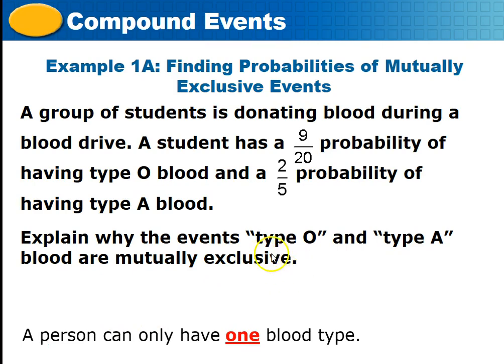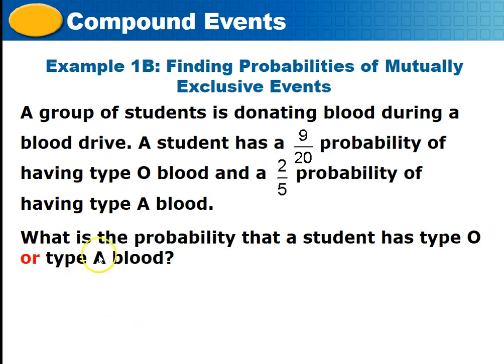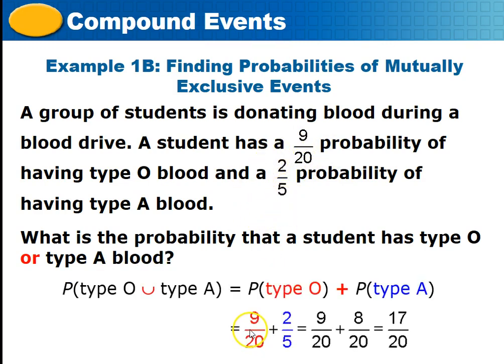So then, because this is an OR statement, and it asks what is the probability that a student has type O or type A blood, we're literally going to take this 9/20 and add it to our 2/5. So we get 9/20 plus 2/5. To get this 2/5 to have a common denominator, we would multiply it by 4/4.